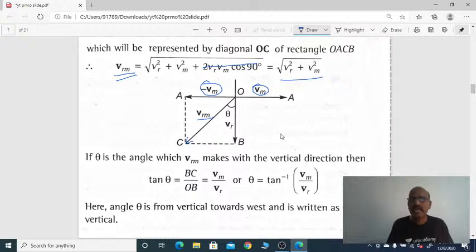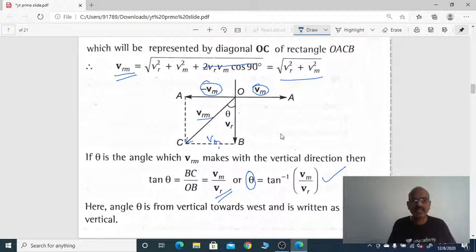If theta is the angle, then tan theta equals opposite side by adjacent side. The opposite side is Vm, so tan theta equals Vm by VR. From this, theta equals tan inverse of velocity of man by velocity of rain. Theta is the angle at which he has to hold his umbrella in order to protect him from the rain.